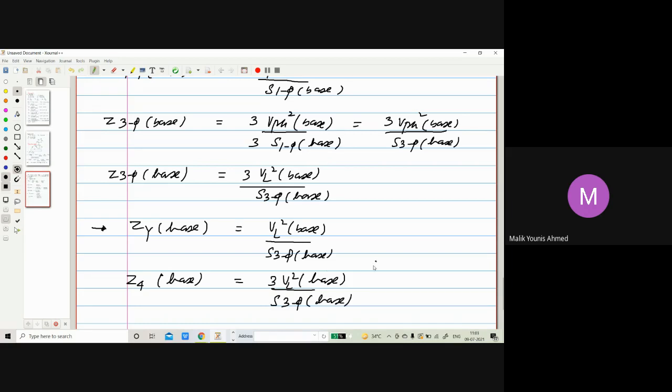So here you can conclude, you can see that delta base is multiplied by 3. That means it is 3 times as compared to the star, so we can say Z delta base is greater than Z star base. So whenever somebody asks you, if we have a three phase system and we have star or delta connections, impedance base of which connection is greater? Very clearly, the impedance base of the delta connection is greater as compared to the star connection.